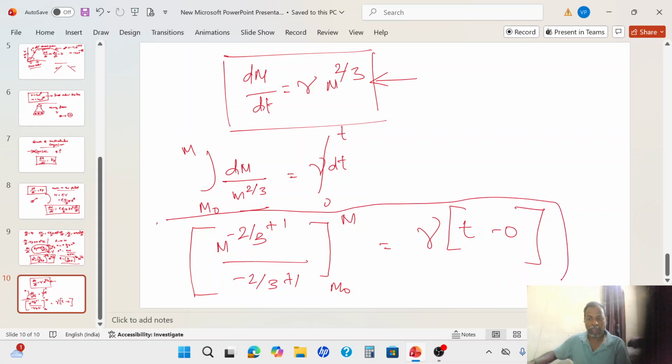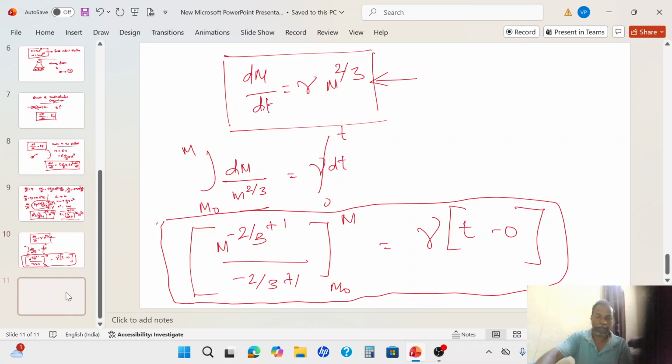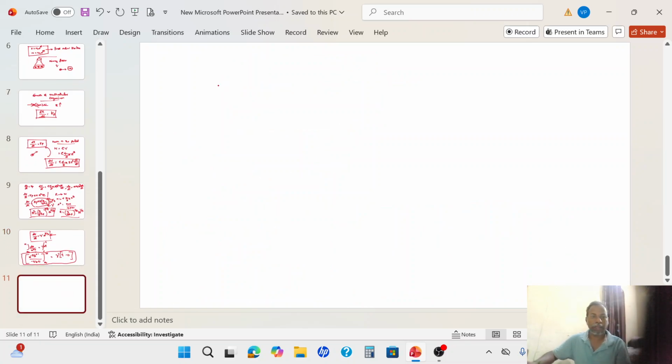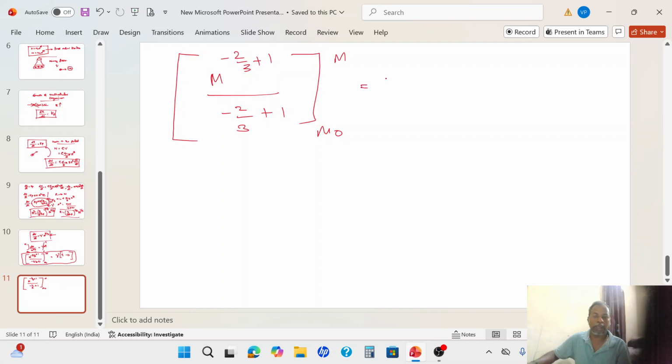We are arriving at the model. Further simplifying this model, m power minus 2 by 3 plus 1, whole divided by minus 2 by 3 plus 1, with limits m naught to m, is equal to gamma t.